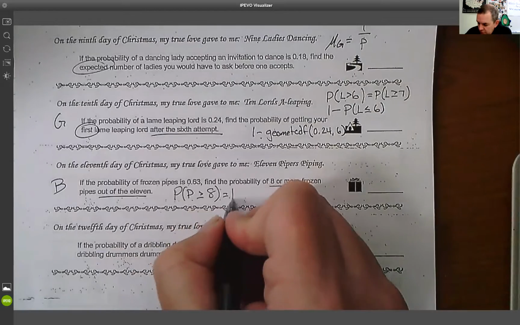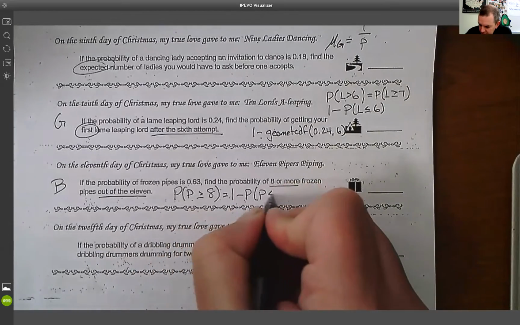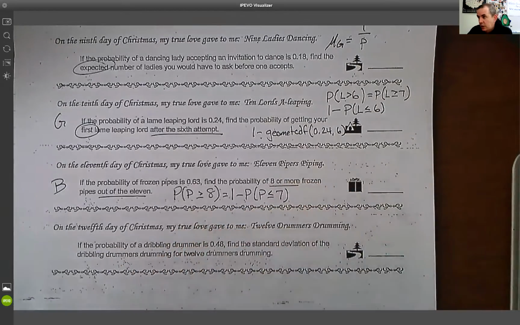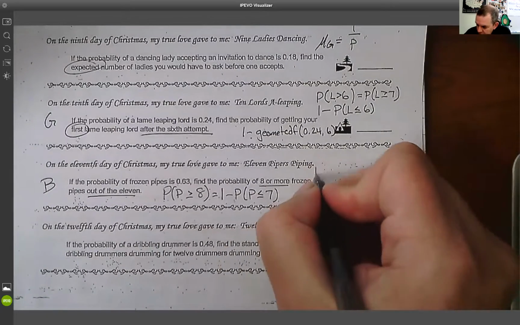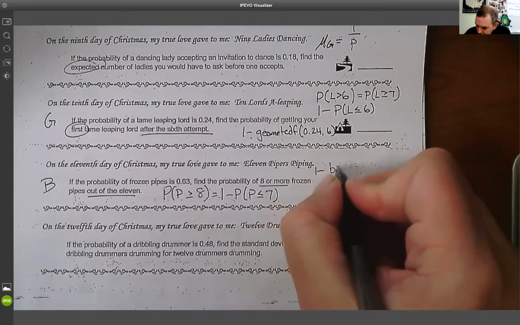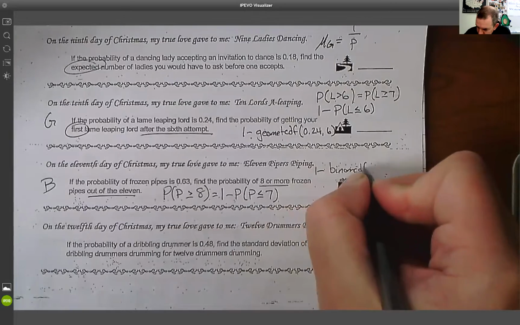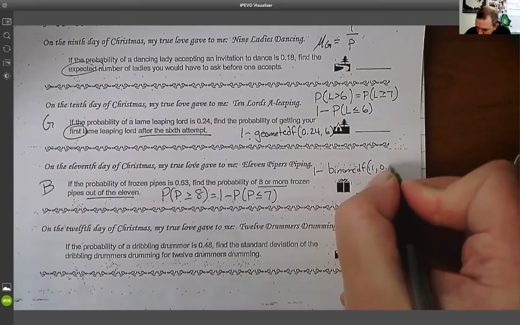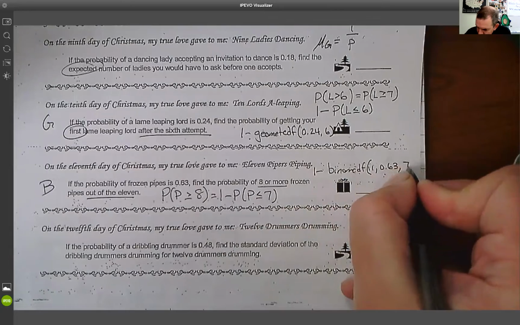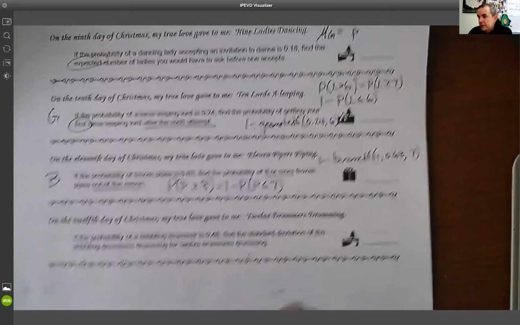Well, we have to do 1 minus the probability that those pipes are less than or equal to 7, because again, it doesn't work in our calculator. Greater than doesn't work, only less than. So this would be 1 minus a binomial CDF of 11 pipers, a probability of success of 0.63, and 7. That's what we got in the calculator.